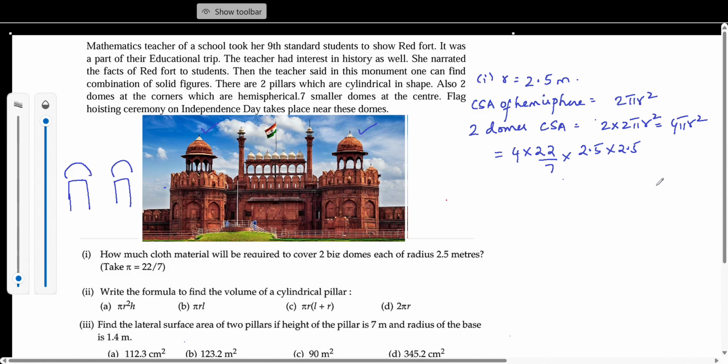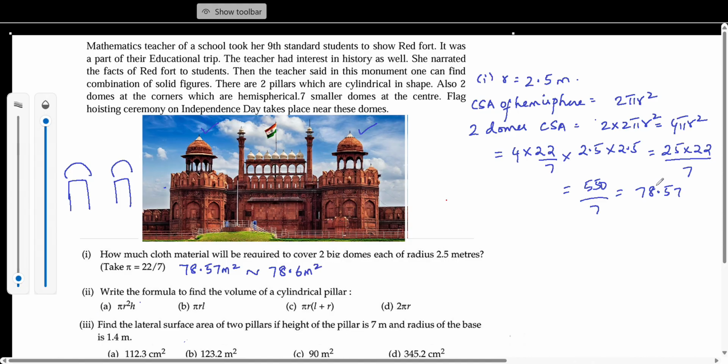So 25 into 22 by 7 would be the simplest we can get to. 550 by 7, which is 78.57. So 78.57 meters squared, since that's the area, approximated to 78.6 can be done.